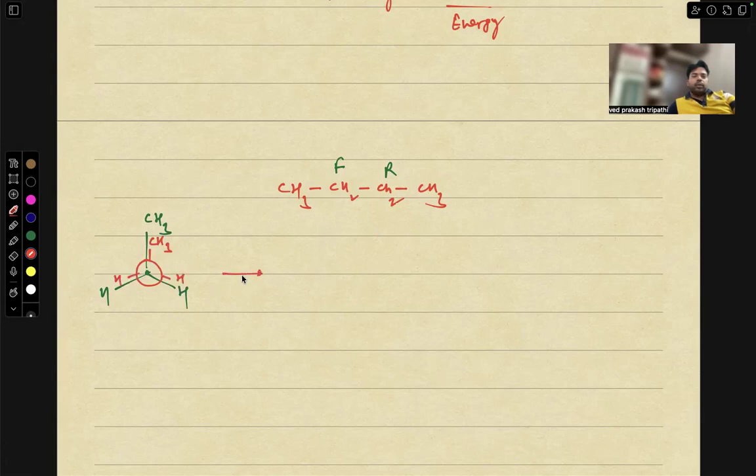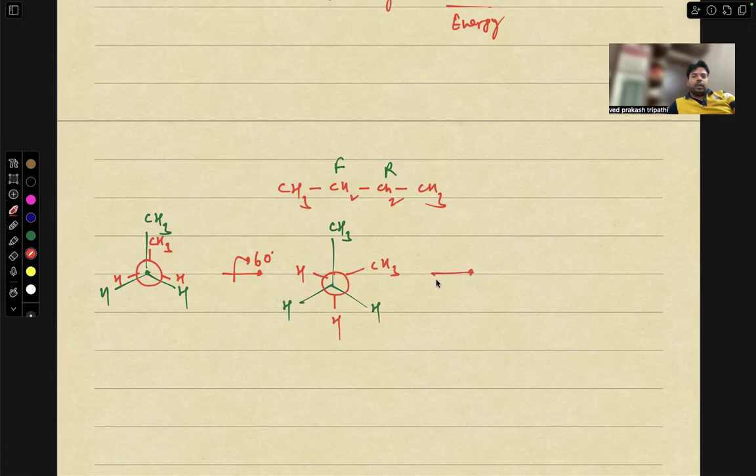Now we are going to rotate by 60 degrees with respect to the rear carbon, keeping the front one fixed. So CH3, H, H. If we rotate 60 degrees with respect to the rear, it would be methyl here, H here, H here.